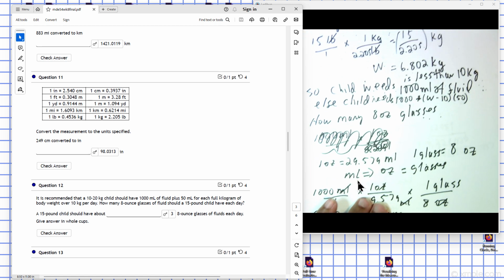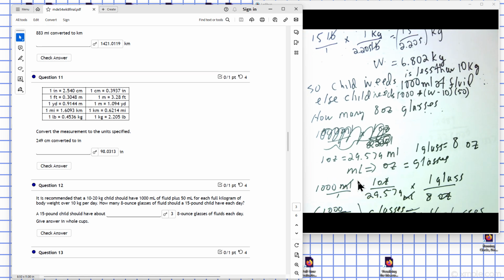So how many 8-ounce glasses is that? You have to convert the mils into glasses. So 1 ounce is 29.579 mils, and 1 glass is 8 ounces. Convert mils to ounces, and then ounces to glasses.